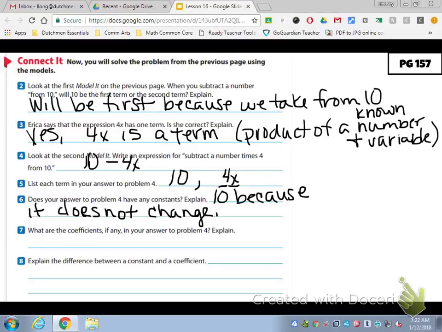Explain. Well, we have 10 and we have 4x. We know 10 is our constant because it's always going to be 10. It doesn't change. But we have a 4x. A coefficient is a number that is connected to a variable. So if we have 4x, we have a number connected to a variable. So yes, we have a coefficient because it is a known number and variable.